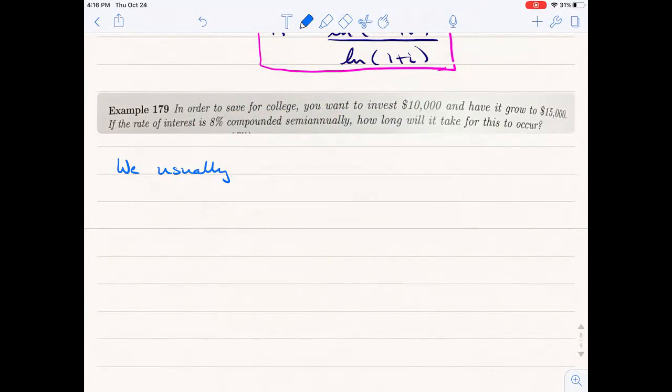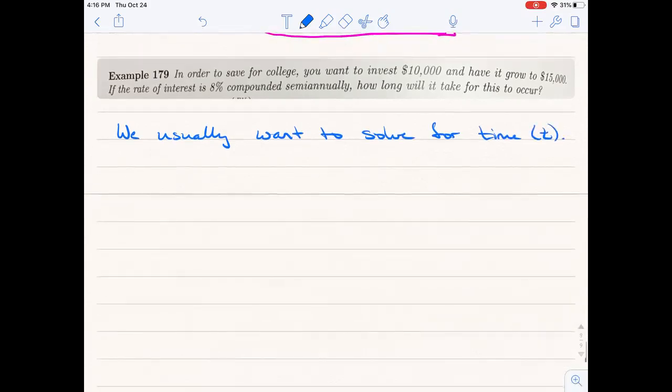We want to solve for time, but in order to get there, we will first need to solve for n.